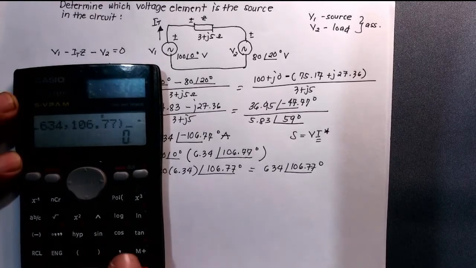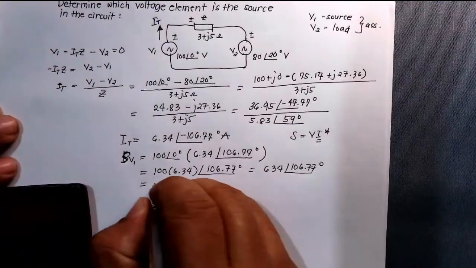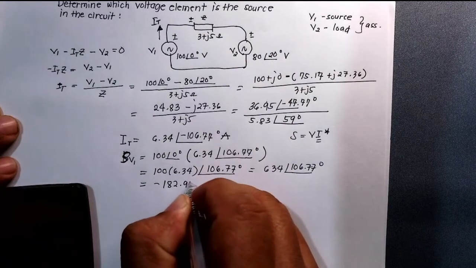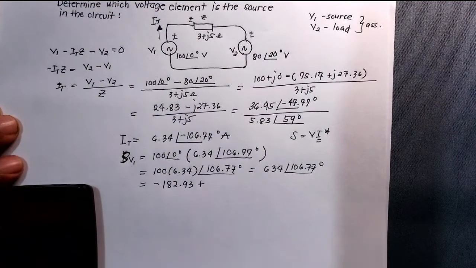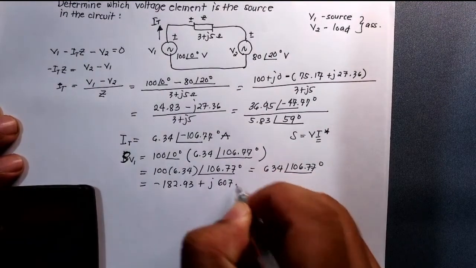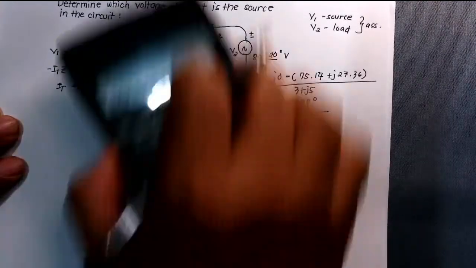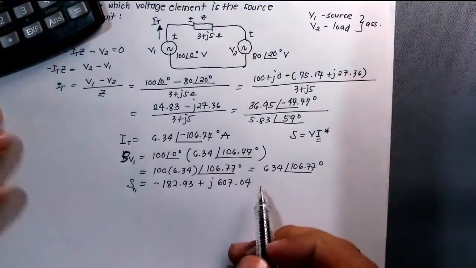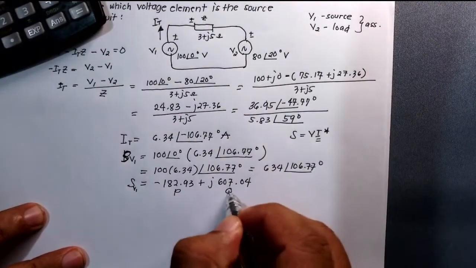The rectangular form of 634 at angle 106.77 is negative 182.93 plus j607.04. So this is my power in this source. This is my real power and this is my reactive power.